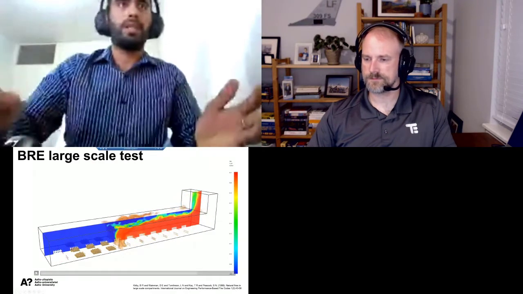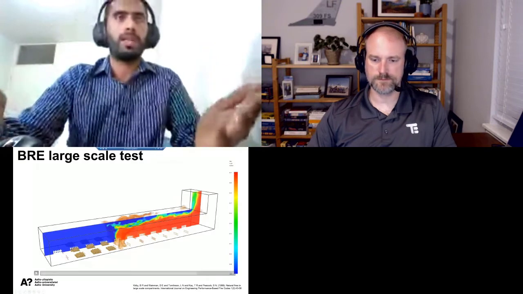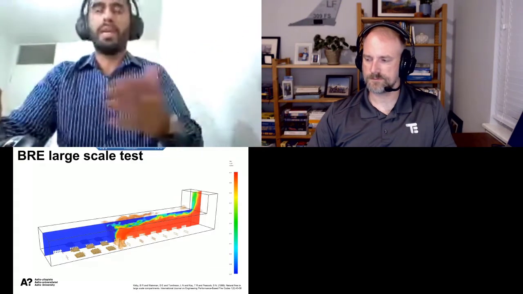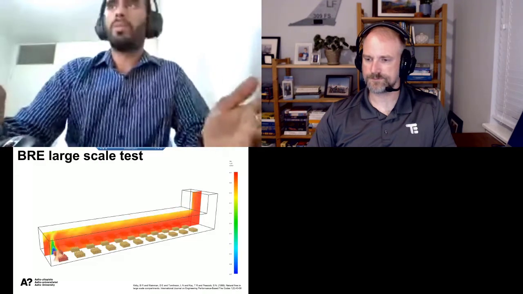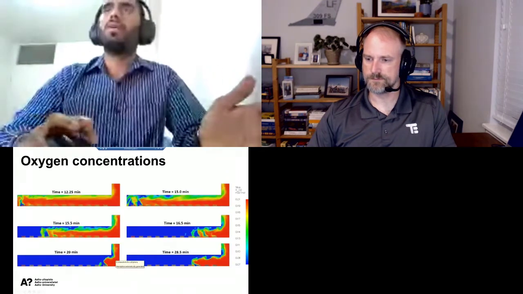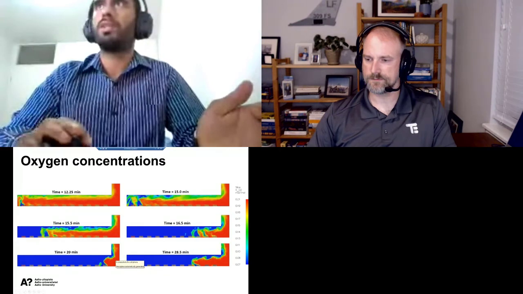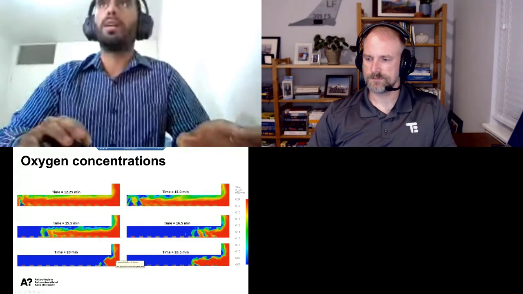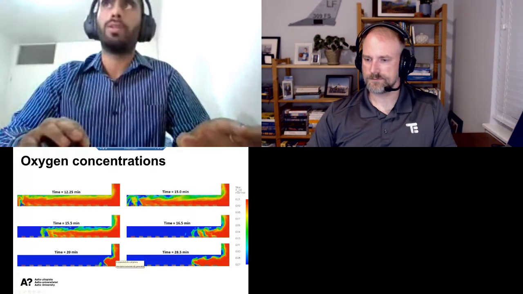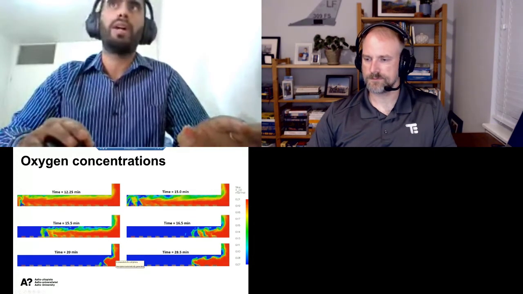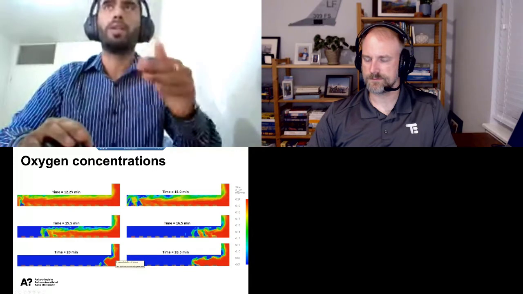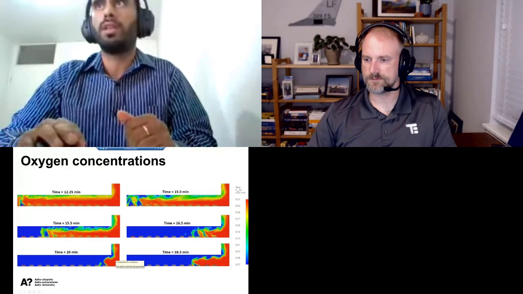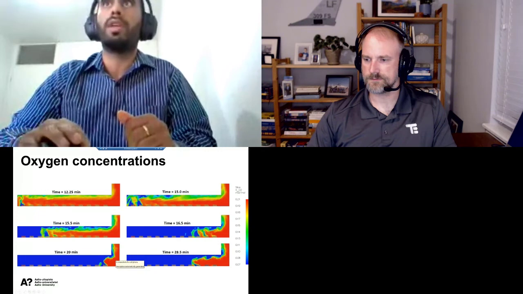So what does the CFD simulation actually give us? What more information do you get? The behavior is similar to the experiments, but we need more information. What we see here are the oxygen concentration slices along the center of the compartment. At 12.25 minutes, when the fire is still along the first row of cribs, you see that the oxygen concentration along the other cribs is also reducing.